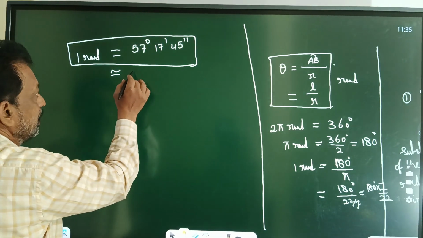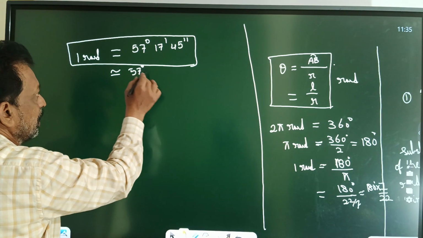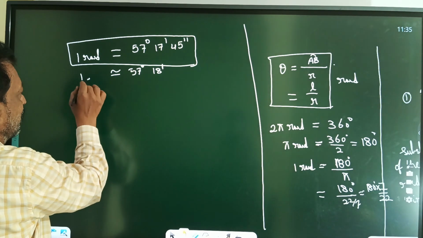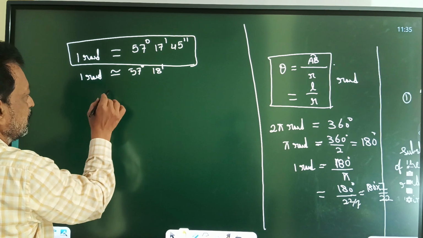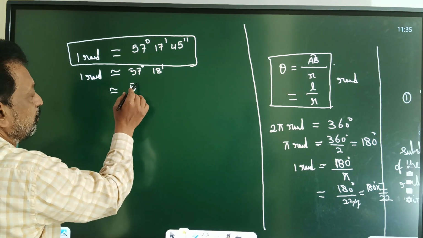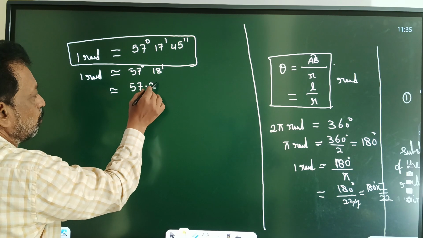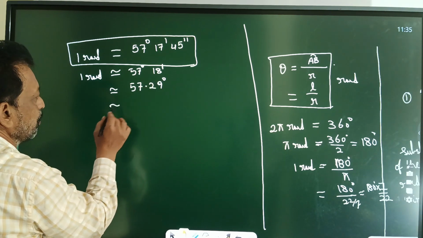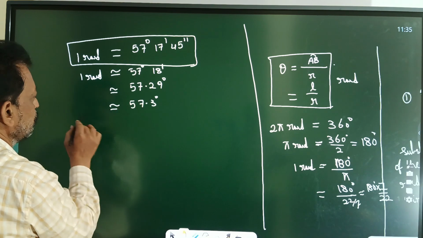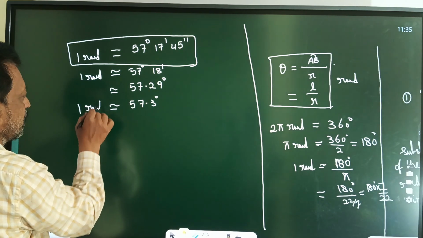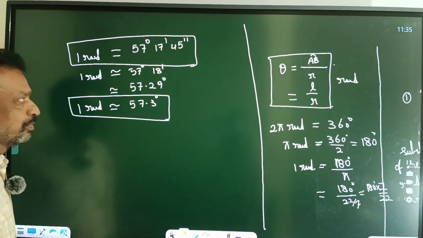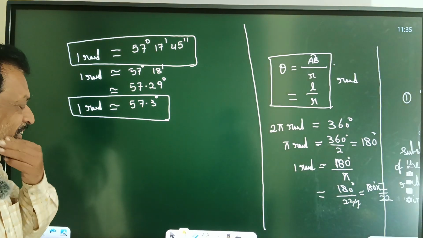Now it is approximately 57 degrees 18 minutes. Okay, 1 rad is equal to that. Still reducing, it is 57.29 degrees, which is approximately 57.3 degrees. So 1 rad in degree notation is 57.3 degrees.